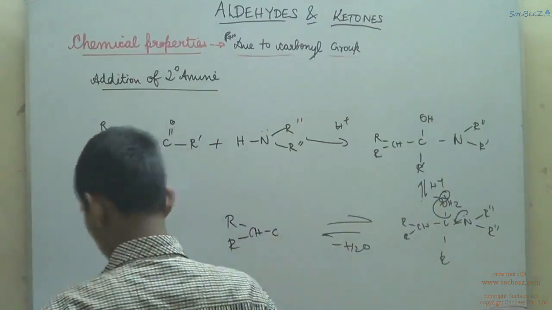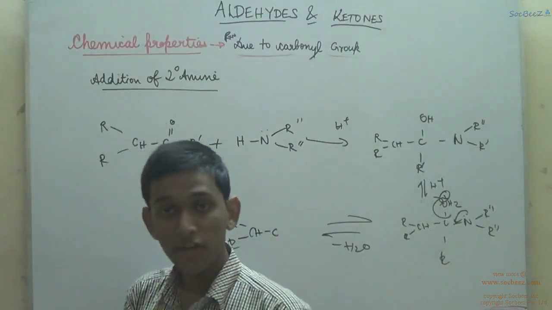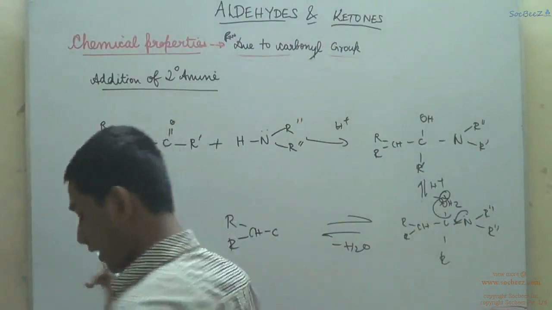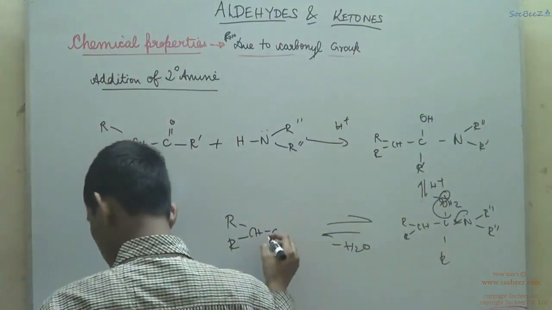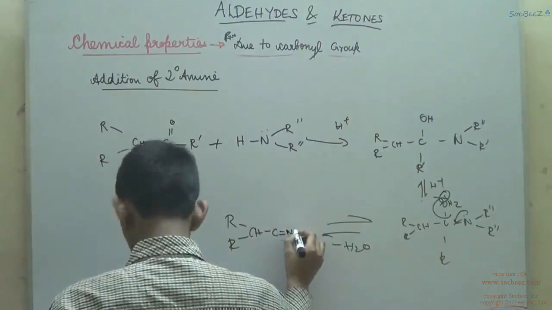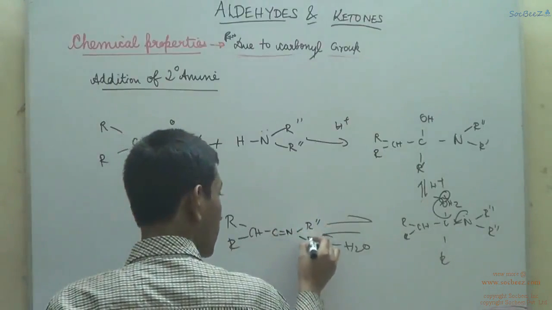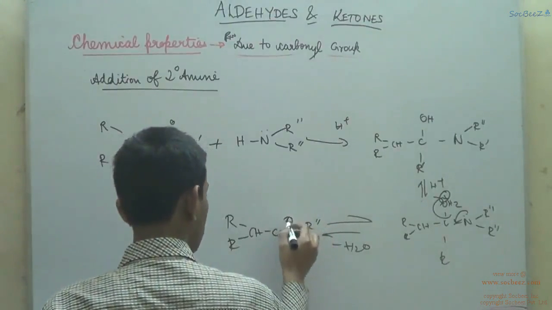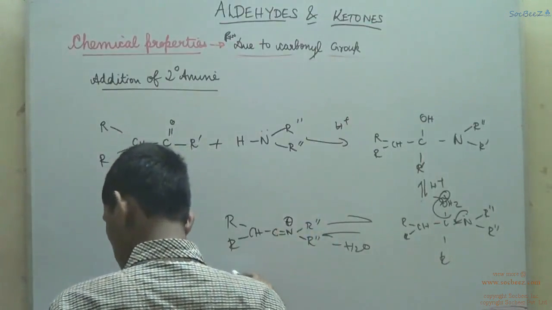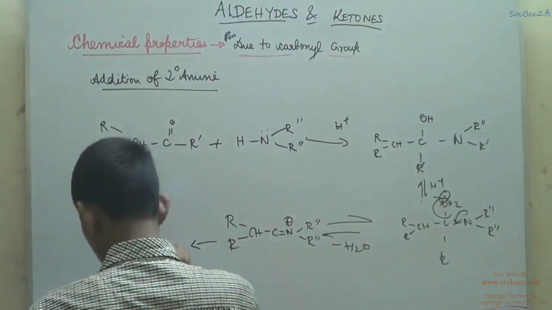CH. So this is given by an aldehyde or ketone with at least one alpha hydrogen atom, double bond, N, R double prime with positive charge because nitrogen is forming 4 bonds. And then what happens?